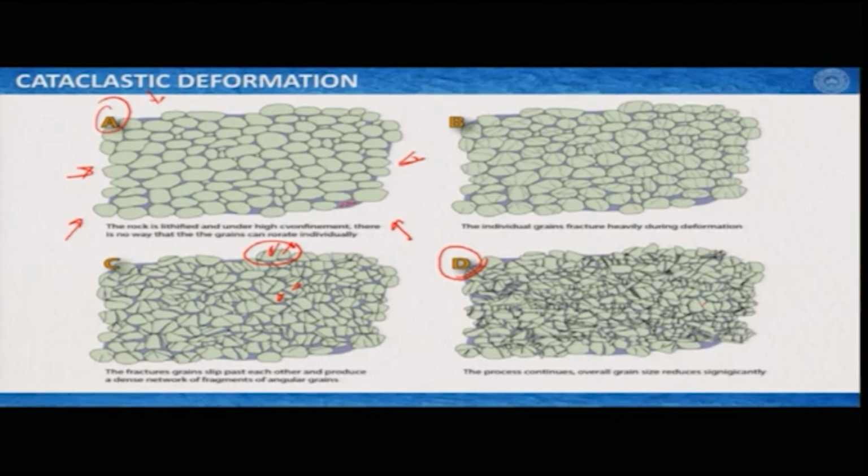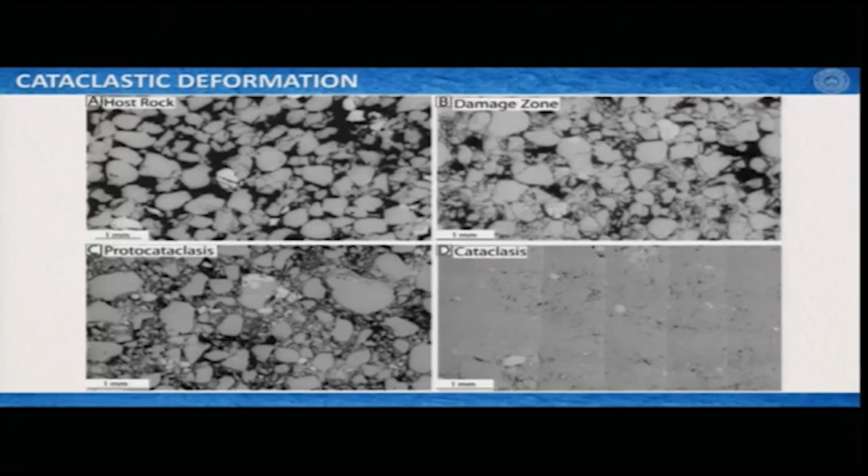They are not circular grains, their edges are not rounded, they are extremely angular. So, this is one of the characteristics of cataclastic deformation, and if we see this kind of structure either in the field or under microscope, these are known as breccia or brecciated rocks. So, we will see some examples now.